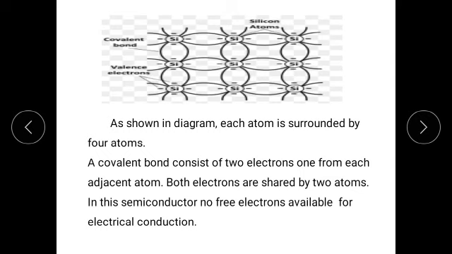Here this is called the crystalline structure of silicon and germanium. Here we take silicon, and as shown in this diagram, each atom is surrounded by 4 atoms. Consider the silicon atom, and it is observed that it is surrounded by 4 neighboring atoms, and due to that there is a covalent bond formation, which consists of 2 electrons, one from each adjacent atom.